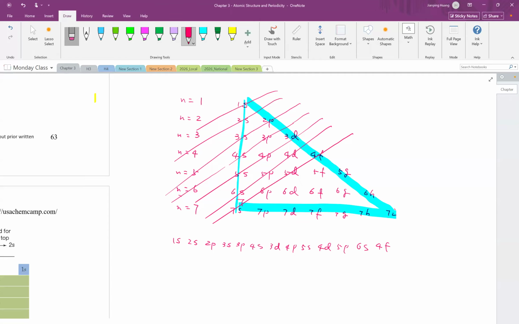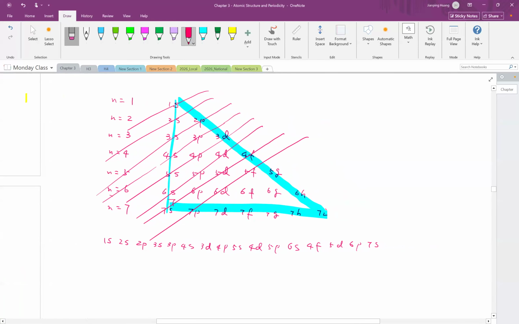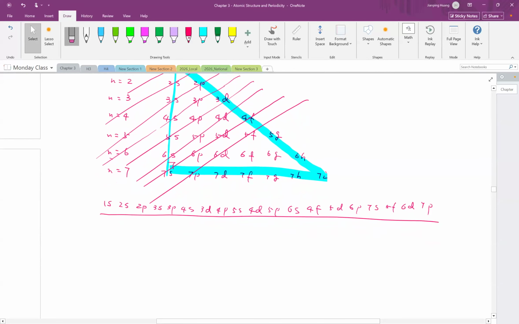Then 4f, 5d, 6p, 7s. And 5f, 6d, 7p. That's the order we are going to put the electrons into the atomic orbitals.